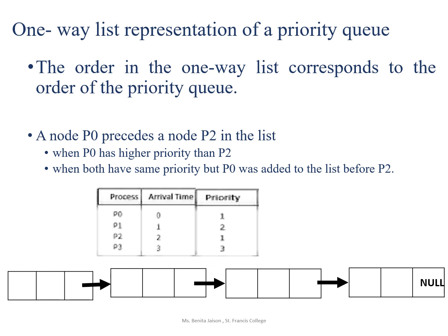But when we create the linked list representation of the priority queue, P0 will be inserted into the first node followed by P2, because even though P0 and P2 are having the same priority, P0 came first than the process P2. Then comes the next process P1, which is having the priority 2, and then comes a process P3, which is having the priority 3.